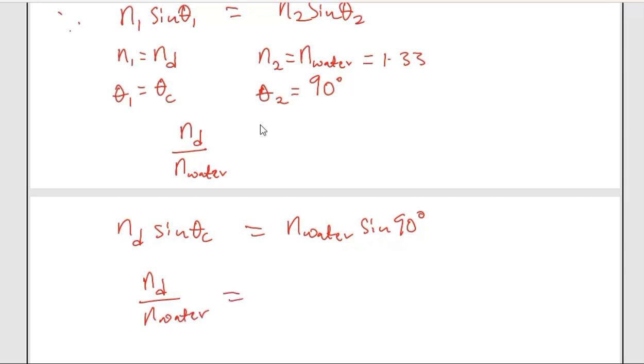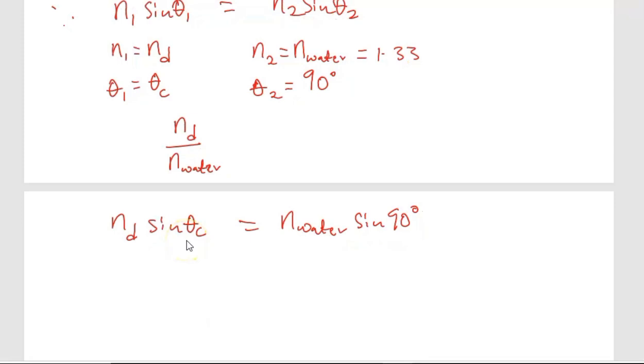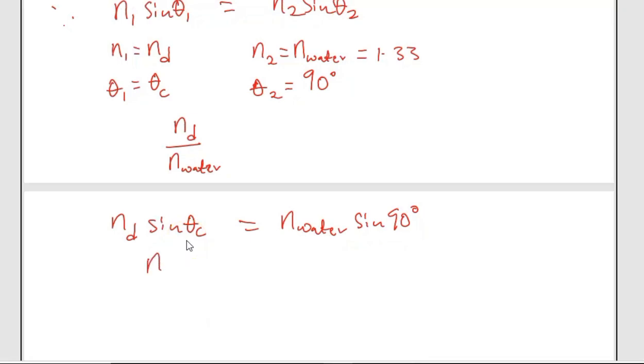Remember that we're already given N water, so therefore we have ND sine theta C is equal to 1.33 times sine 90 degrees.